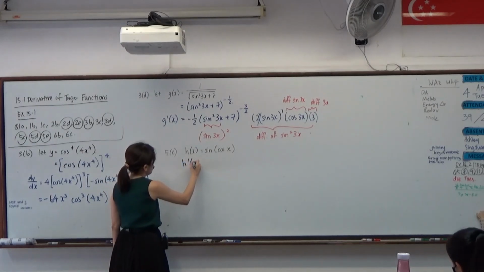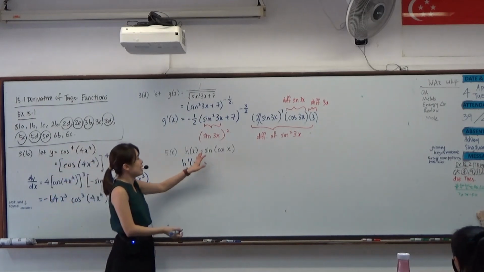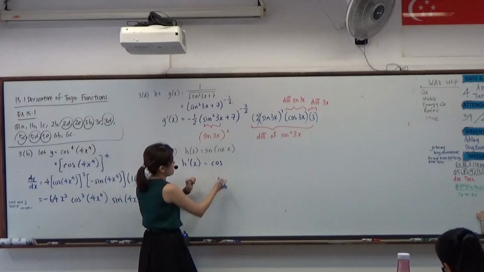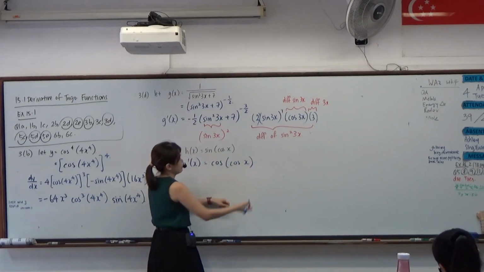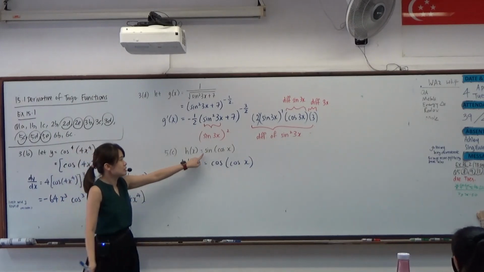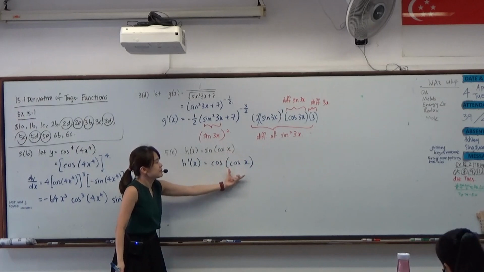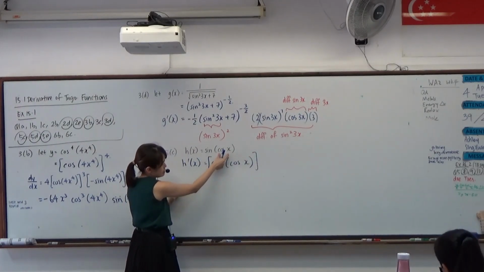So to differentiate, which is h prime x, we do from the outside. So for our sine itself, upon differentiation, we will get cosine. Angle remains the same, so cosine x. So this is the differentiation of your sine, give us cosine. Angle maintains. Then we go about differentiating the cosine x inside.